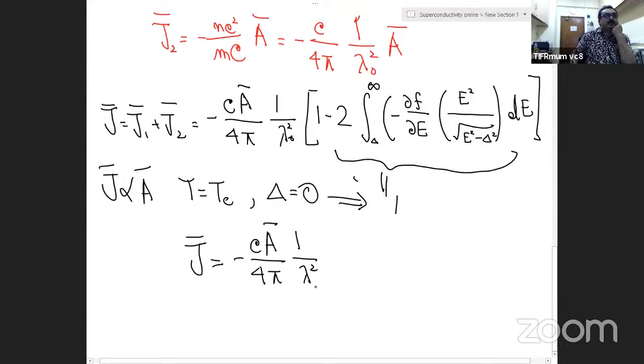This was the lambda square, the actual penetration depth. This is the penetration depth at T equal to 0, which means that you can now get the temperature dependence of the penetration depth from this equation.